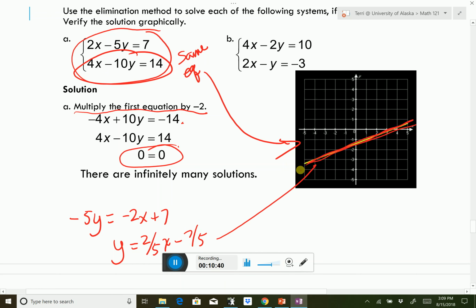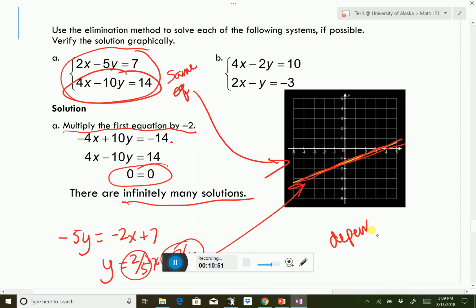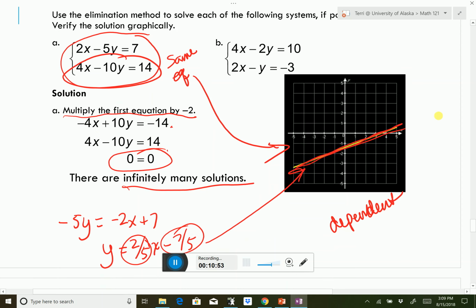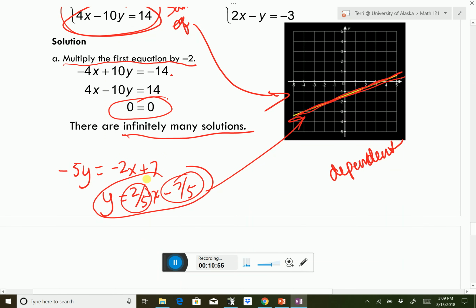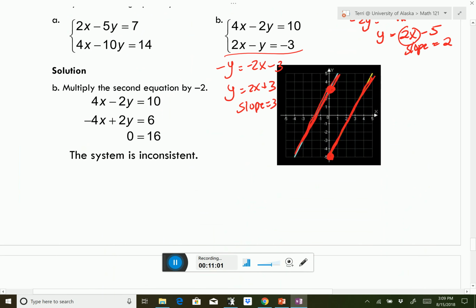So I just get the same line with the slope and the y-intercept being exactly the same. Okay, that means that this is an infinite number of solutions. This is a dependent system. Okay, and I could write it like this. Y is dependent upon x. Here, there's no solution. They're inconsistent.